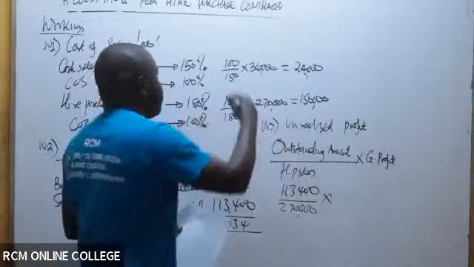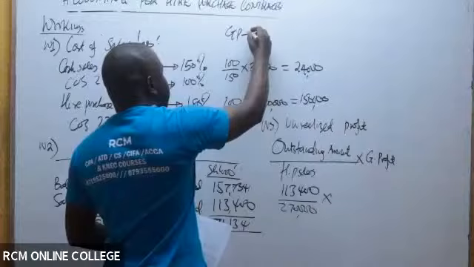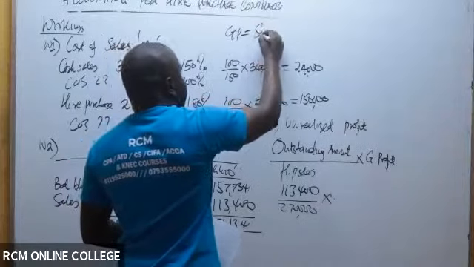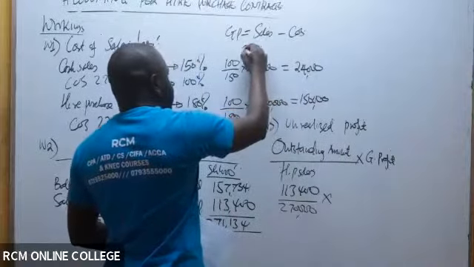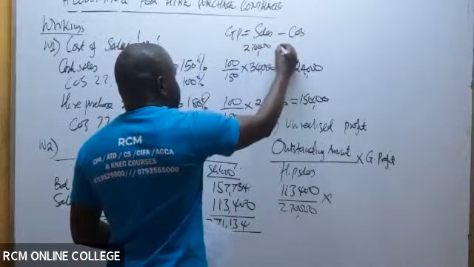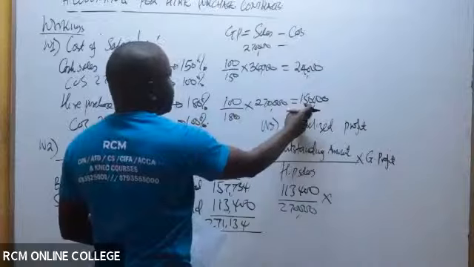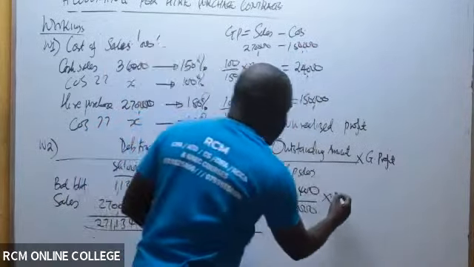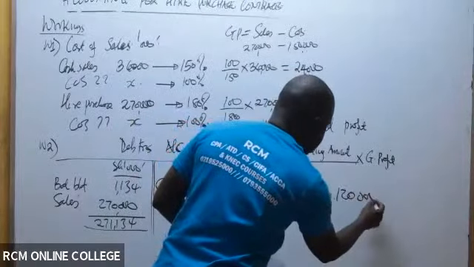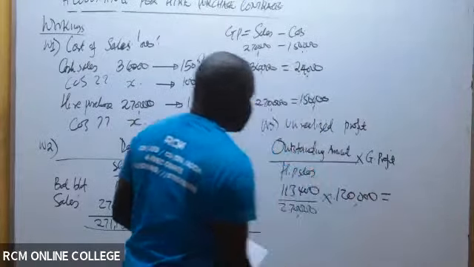GP in this case is equal to the sales minus the cost of sales. So this hire purchase sales is 270,000. You minus the cost of sales, which you've already determined here, is 150,000. So unapata 120,000.